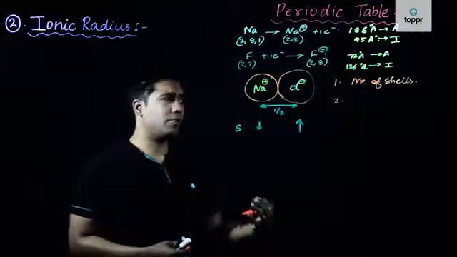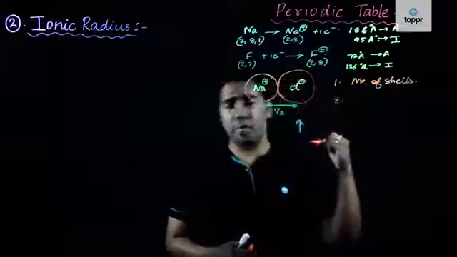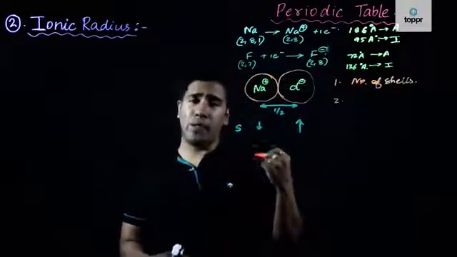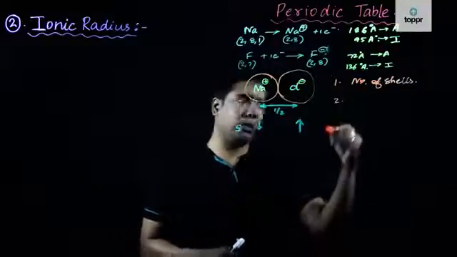The second factor which we can consider will be the nuclear charge. See, when we talk about nuclear charge, we are actually basically talking about the effective nuclear charge. What is the difference among them? Let us see.